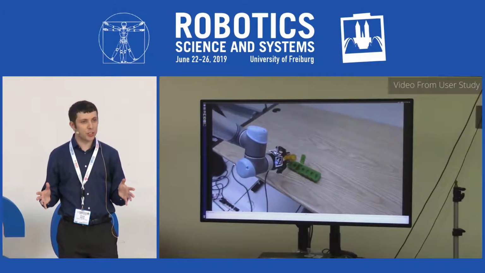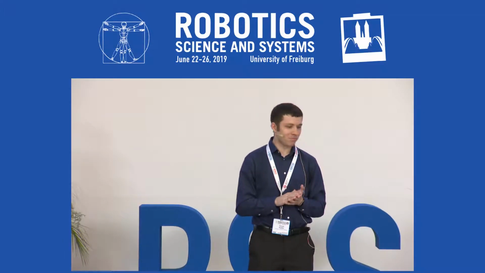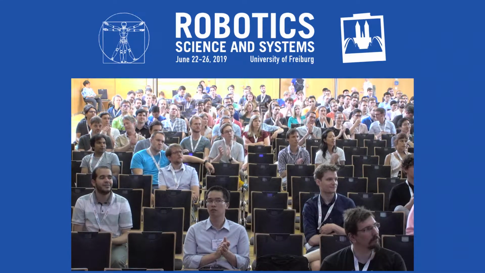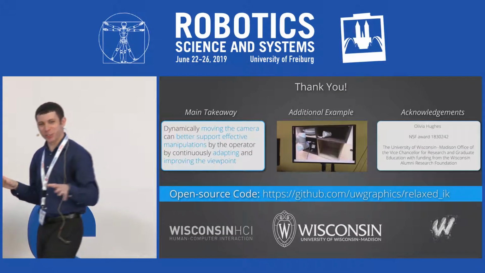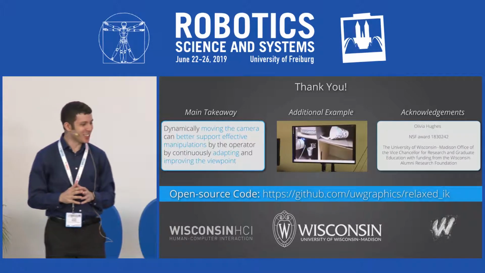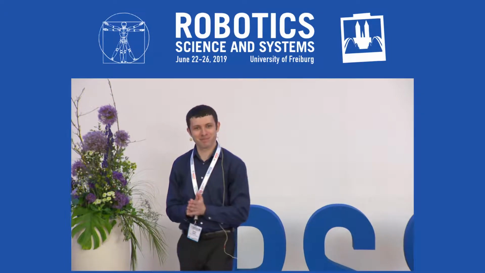For details on our results, please read our paper or come talk to me at the poster session. And there's more. Our method generalizes to any two robot arms, and we provide open source code to set this up. So thanks so much, and I'll answer any more questions after the session or at the poster session. Thanks.